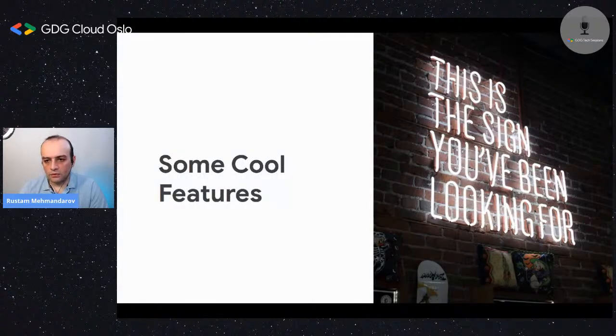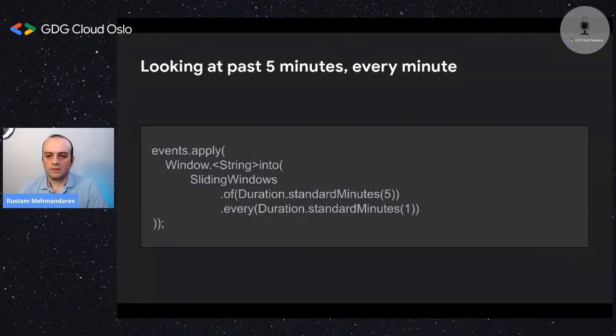I want to mention a few cool features that I discovered and have been playing around with, and that I really liked. Some of them are basic and you have probably seen them before, but hopefully not all of them. One of them is the elegance, how simple it is. You can just apply windowing.